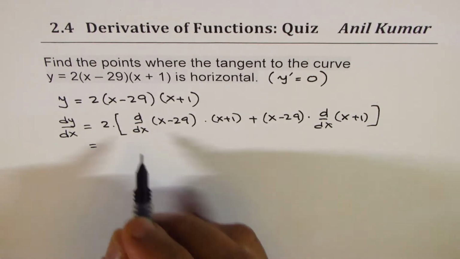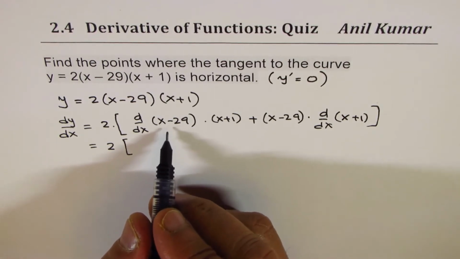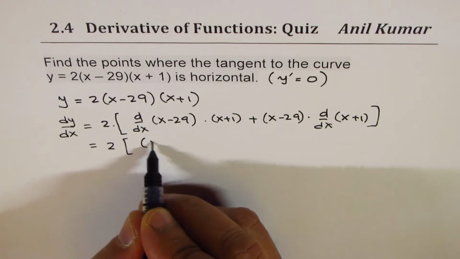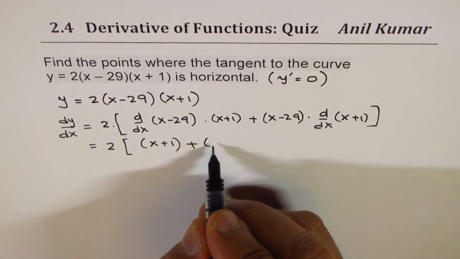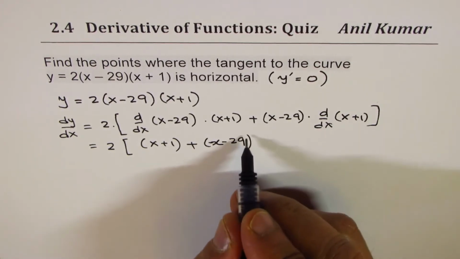So that gives us 2 times derivative of the first function is 1, so we are left with x plus 1 here, plus x minus 29 times derivative of this function is also 1.